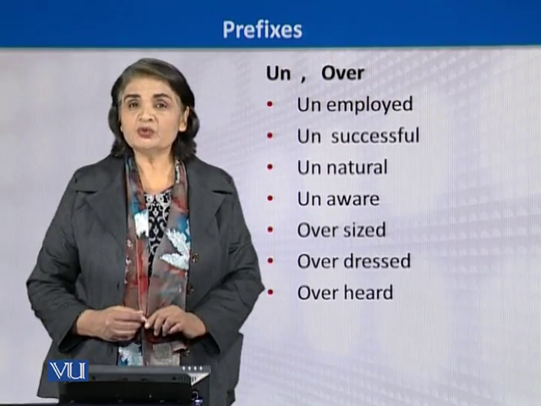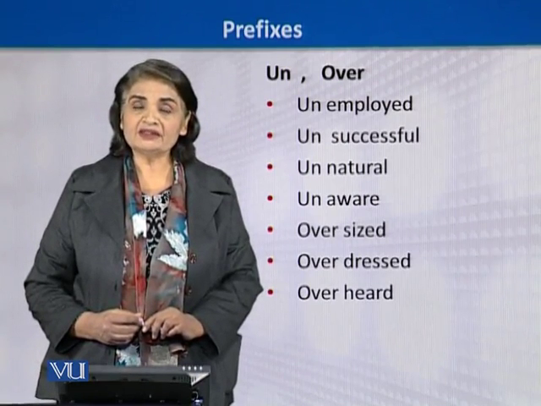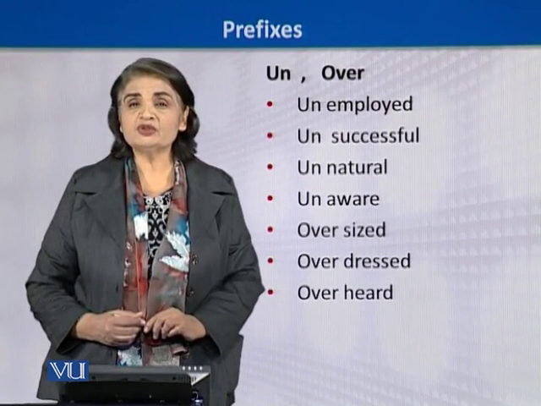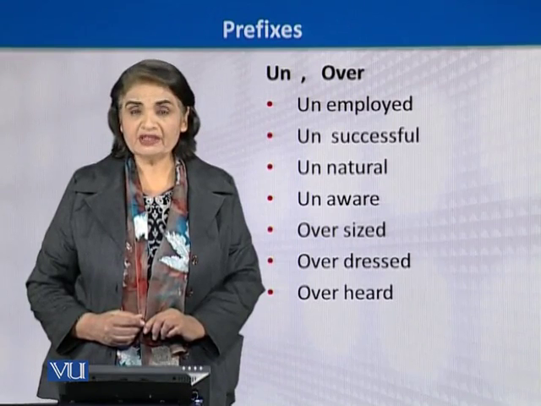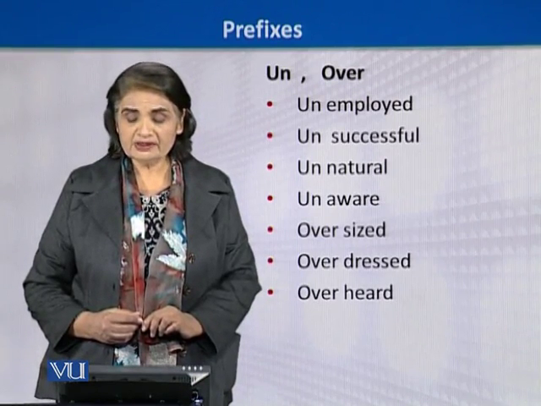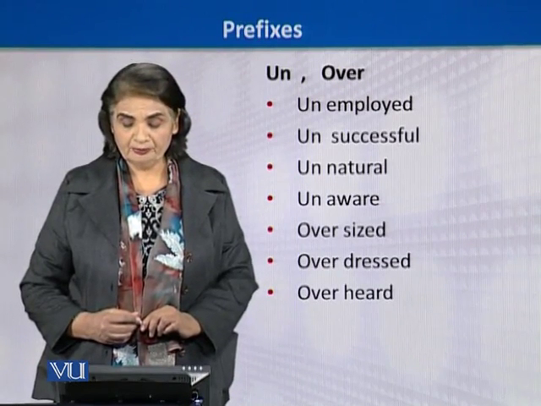So that means one of the outcomes of the prefix added to the word is making the word opposite to the basic word, such as in the case of unemployed, unsuccessful, unnatural, unaware.